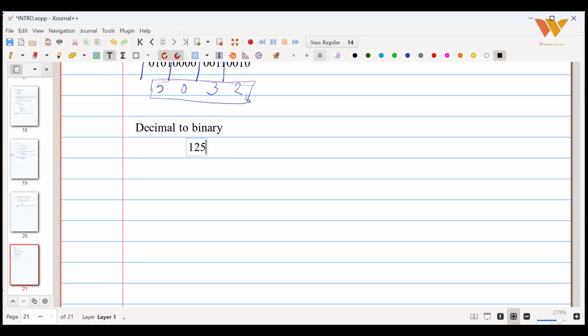How am I going to represent it in binary? The base value for binary is 2. I have to divide this number by 2 until I get the quotient as 0.